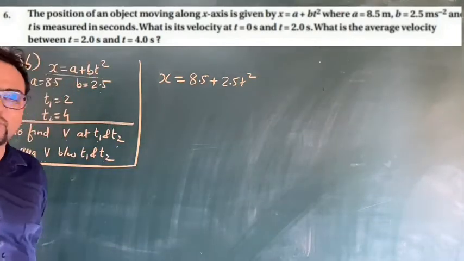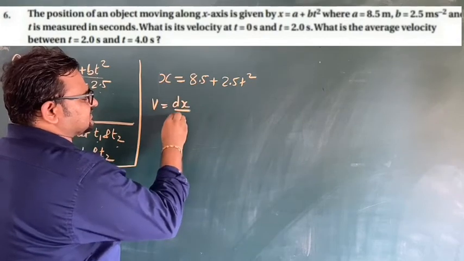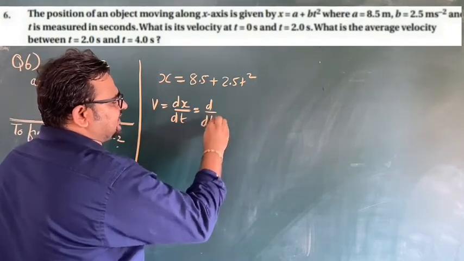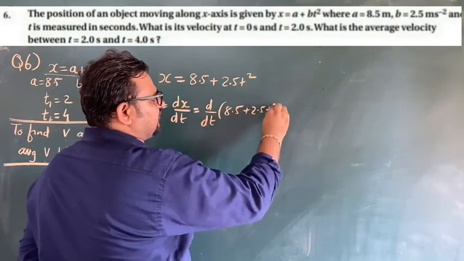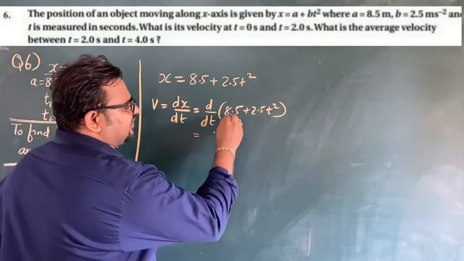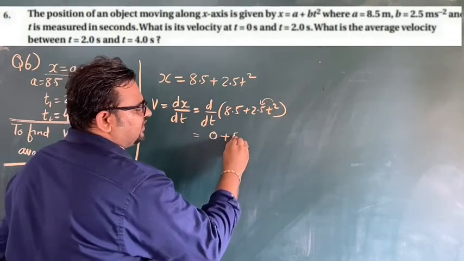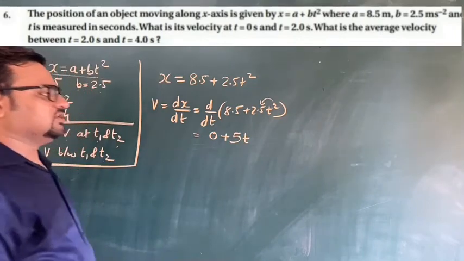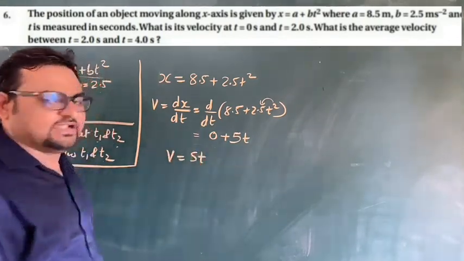For instantaneous velocity, v is equal to dx by dt. That means d by dt of 8.5 plus 2.5 t square. So this will be equal to the derivative of 8.5, which is 0, plus 2.5 into 2 t to the power 2 minus 1. So the equation for velocity is equal to 5t.